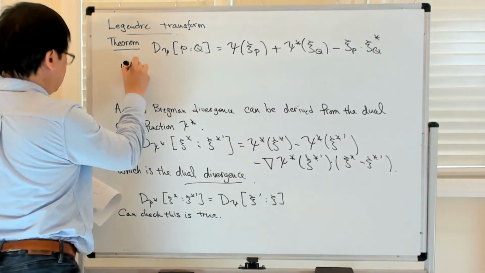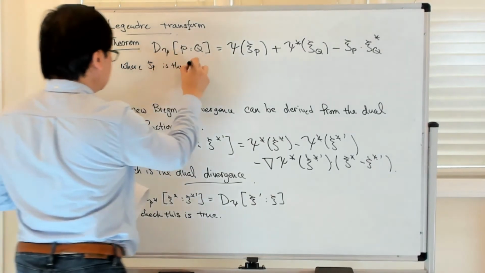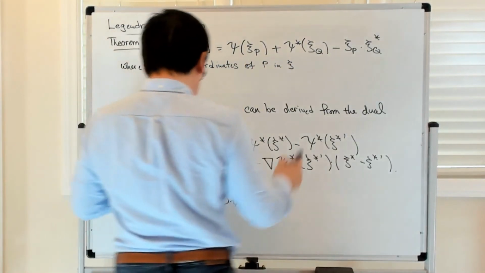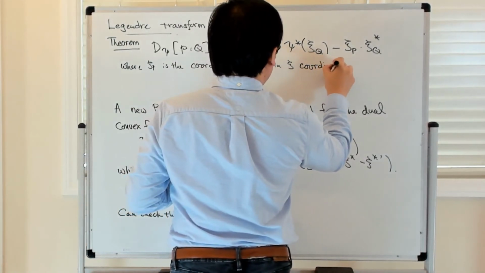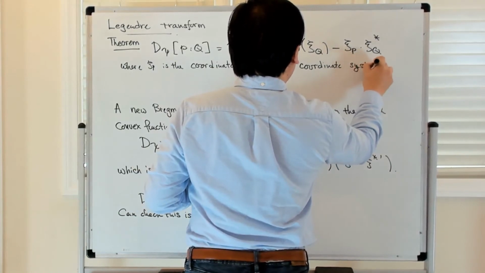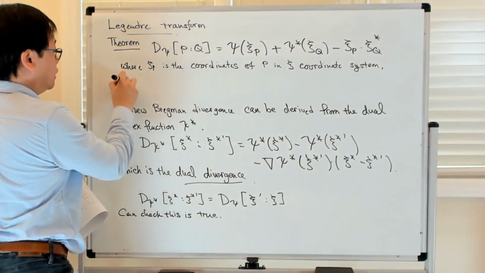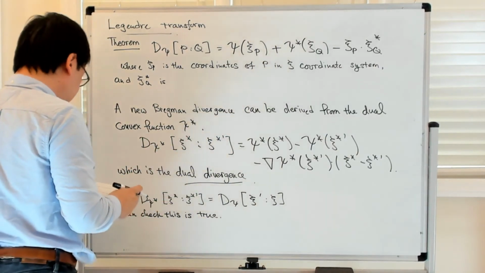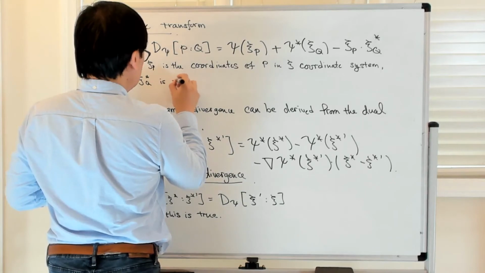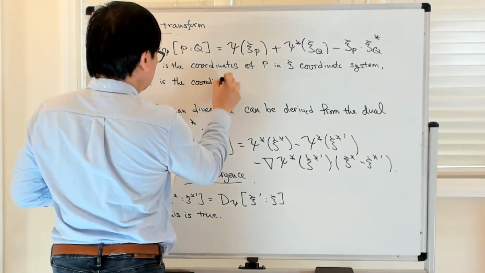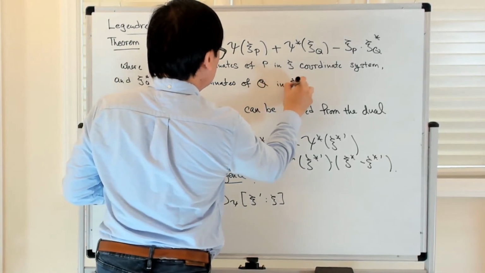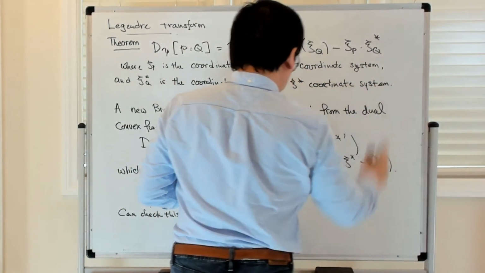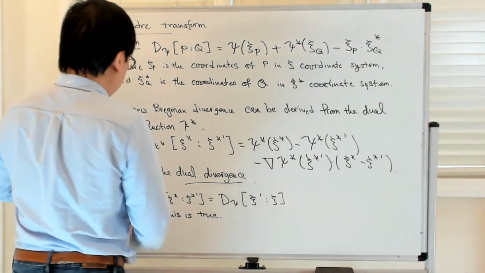Where cos Cp is the coordinates of P in one coordinate system, and cos Cq star is the coordinates of Q in this dual Legendre transform coordinate system.